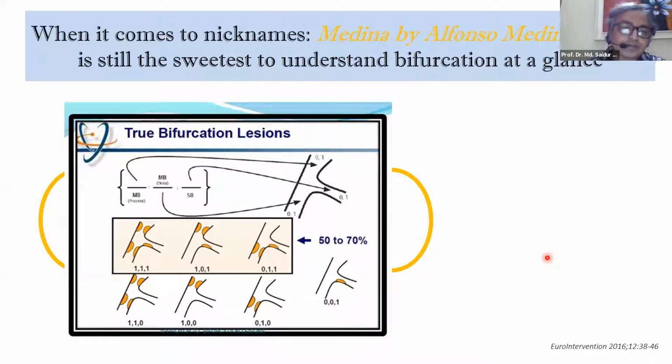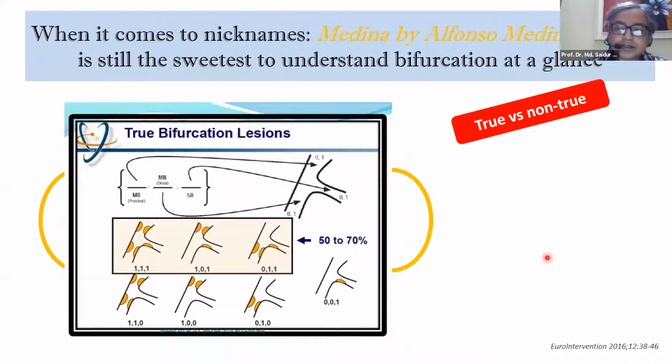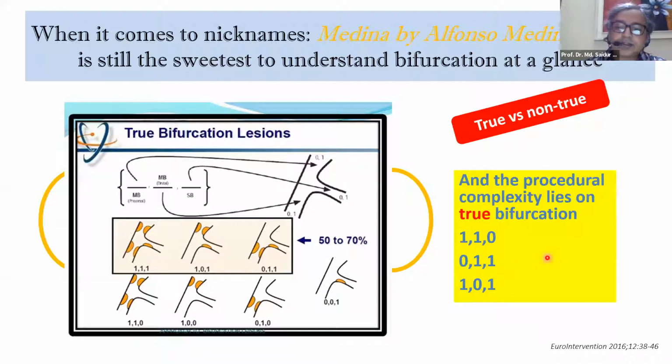Back in 2005, it evolved. Here you can see the bifurcation lesions, among them the true ones, and the other four are non-true bifurcation. The true ones are really hard to treat: 110, 011, and 101.